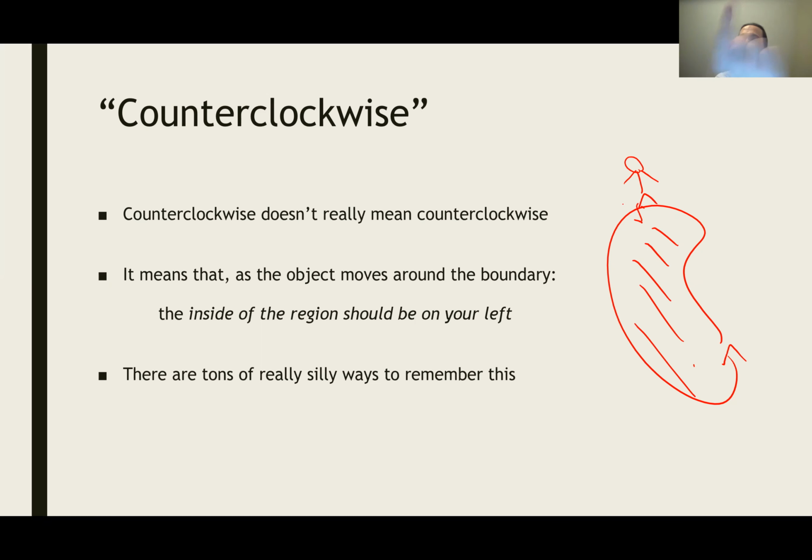We keep walking around this way so that the region stays on our left and the outside of the region is on the other side. So if we're walking around with this region on our left, we should always be walking around this direction. And this is not ambiguous anymore. There's no confusion about which counts as clockwise and which counts as counterclockwise.